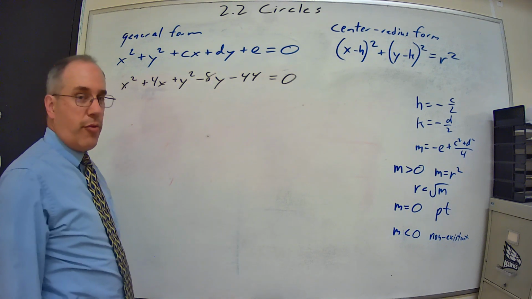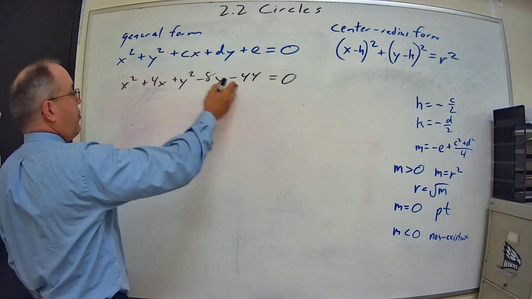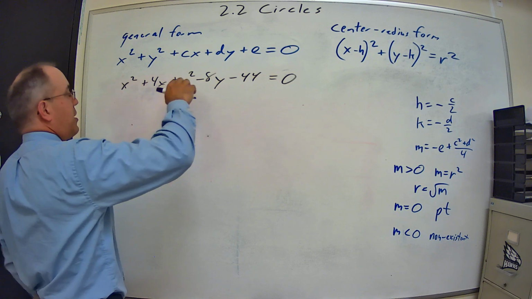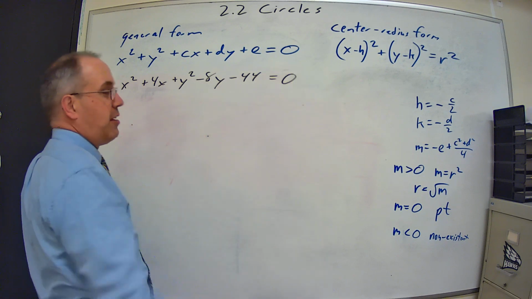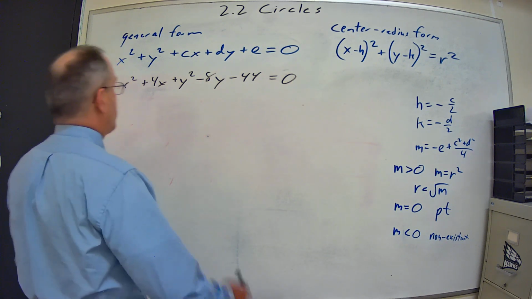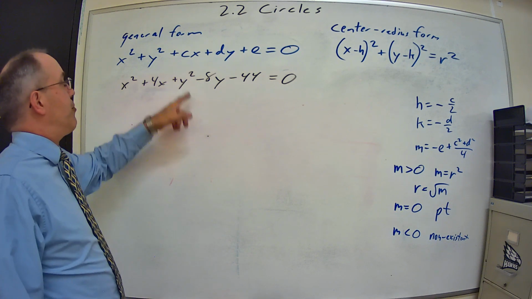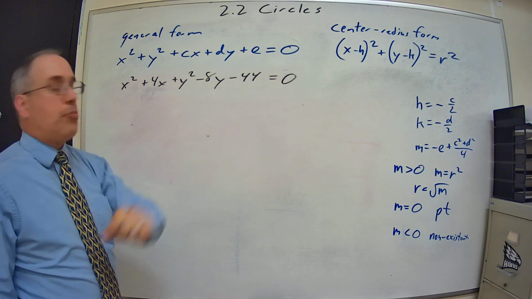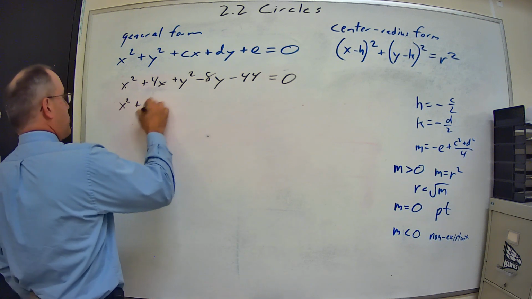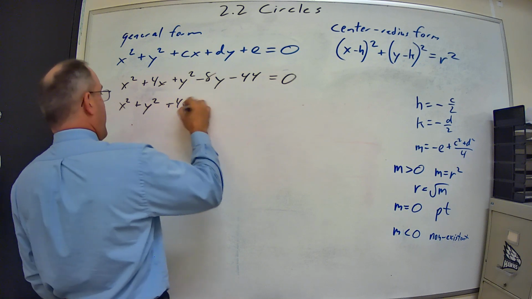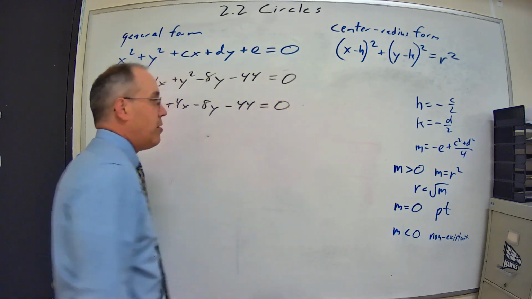It's almost in general form. To put it in general form, we want x squared plus y squared plus cx plus dy plus e equal to 0. So I'm just going to shift it around a little bit. The reason we want to do that is we want to make sure that we use the right coefficients to plug into our equations over there. So that's x squared plus y squared plus 4x minus 8y minus 44 equal to 0.